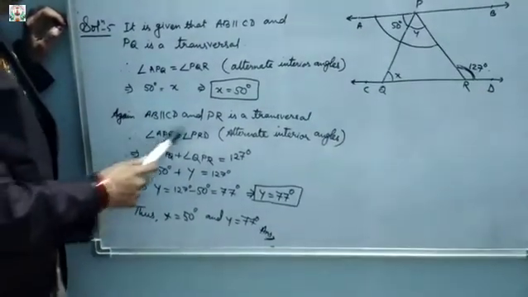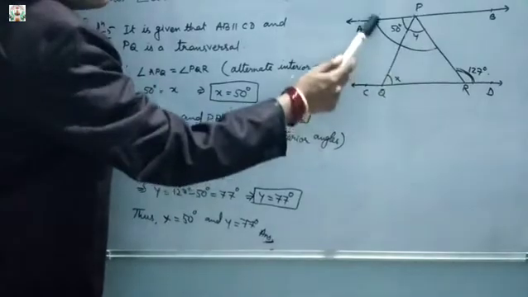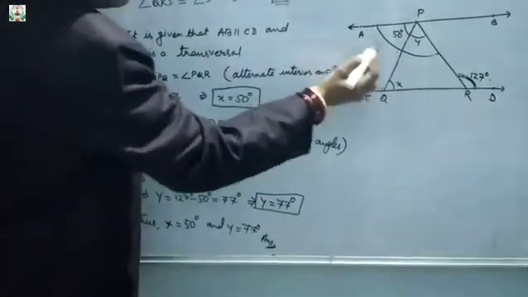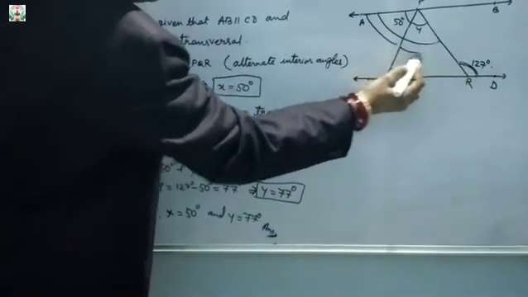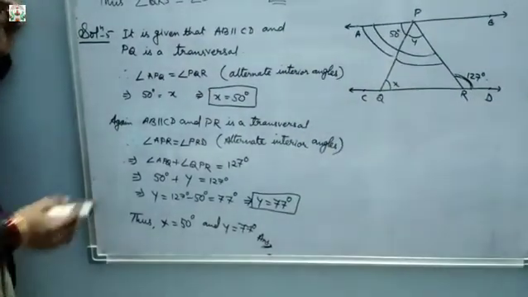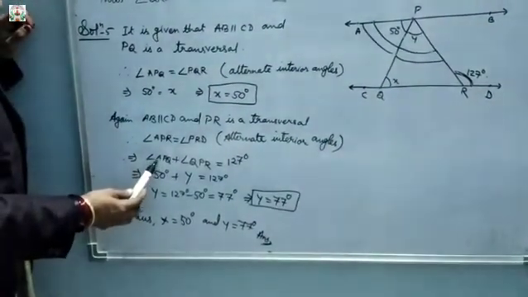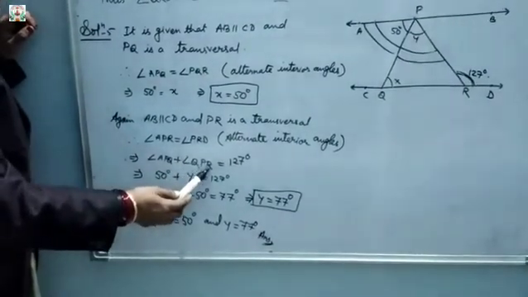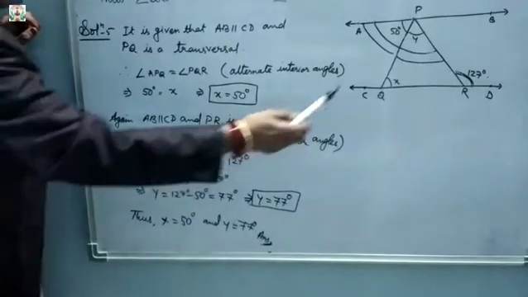Now this angle we can write as this angle plus this angle, is it not? So angle APQ plus angle QPR is equal to 127 degrees.